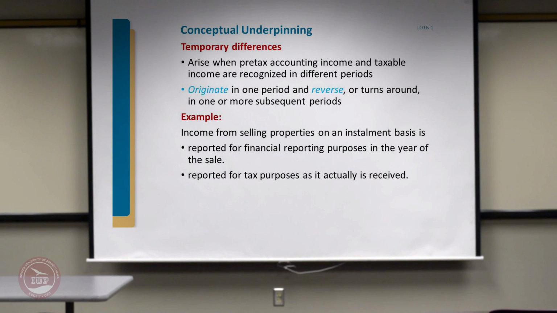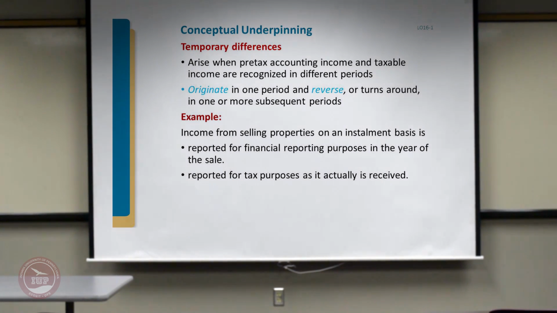Now, how do the differences arise? The differences arise because you might be recognizing income for tax purposes, but not for accounting purposes, or you might be deducting certain expenses for accounting purposes, but it is not allowed at that time for tax purposes. These differences will arise in one period, and if the difference between the two returns reverses in the next period, then those differences are called temporary differences.